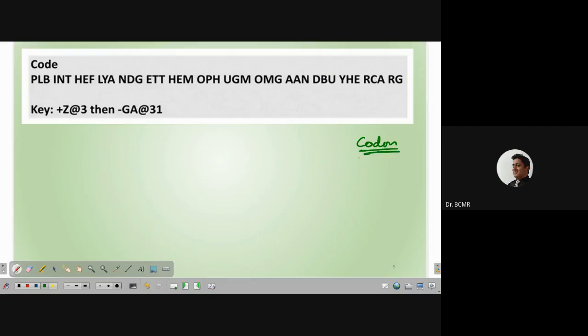Okay, assume that this is an open reading frame. You have to read in triplets, or three letters. So here I have PLB, int, he, something, something, something. I cannot pronounce them. And we remember mutations, right?